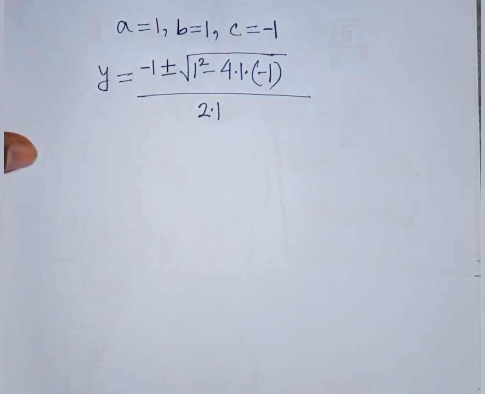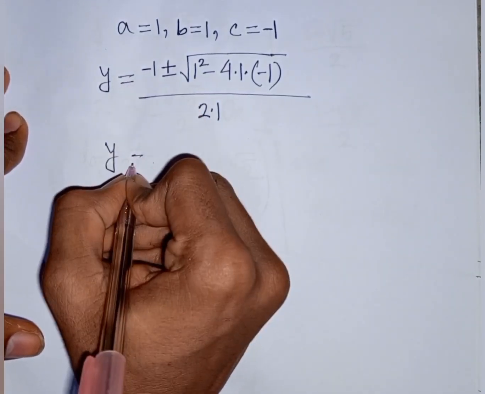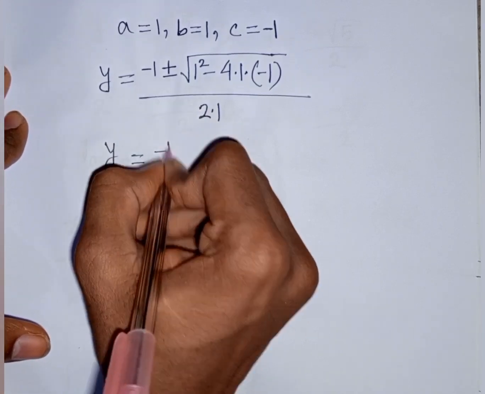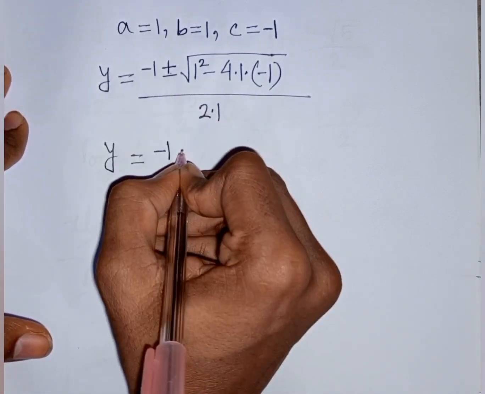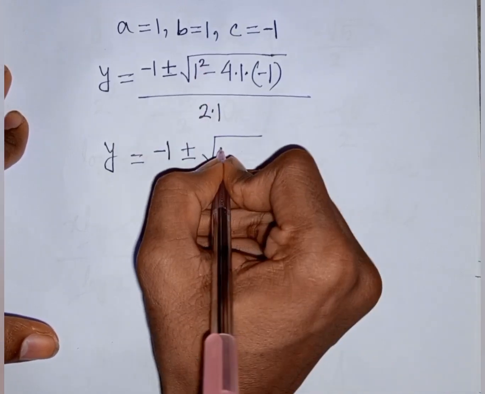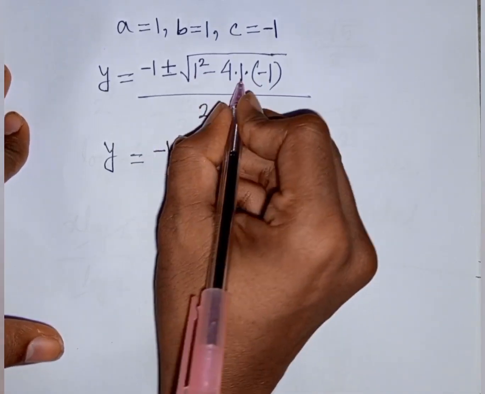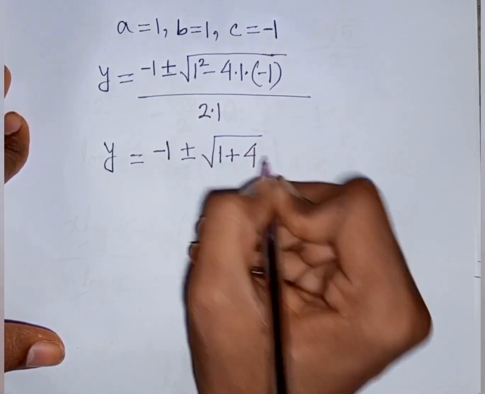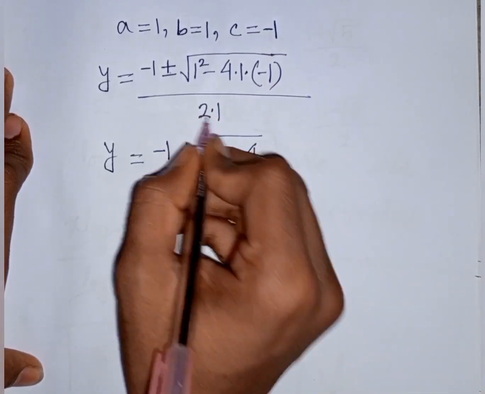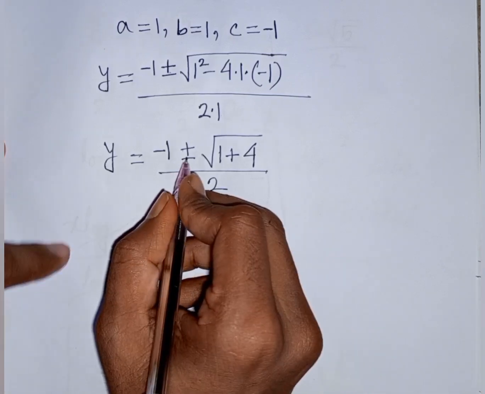Now we can write here y is equal to minus 1 plus or minus square root of 1 square, which is the same as 1, then minus times minus means plus, 4 times 1, that means 4, then divided by 2 times 1, that means 2. Now we see here two cases.